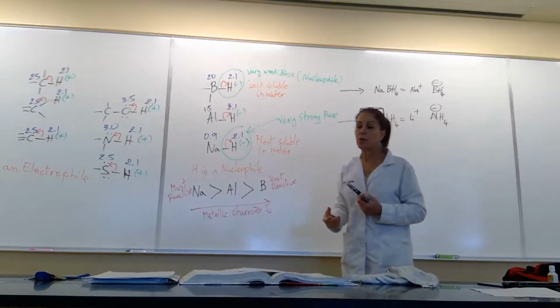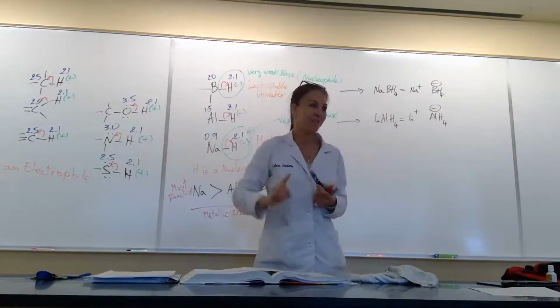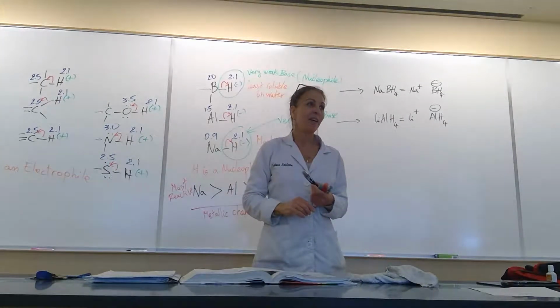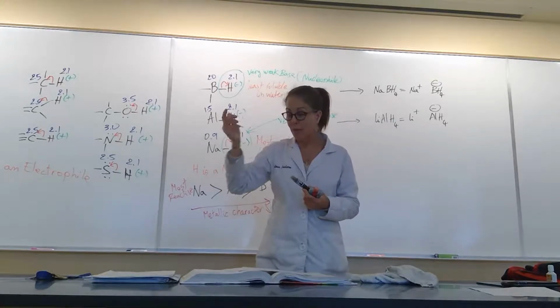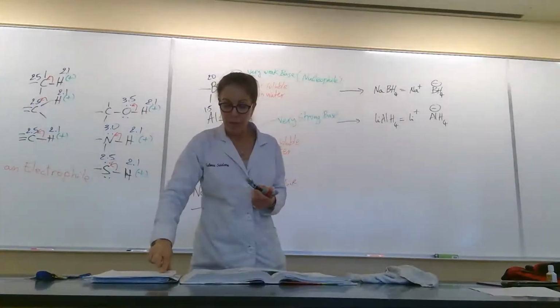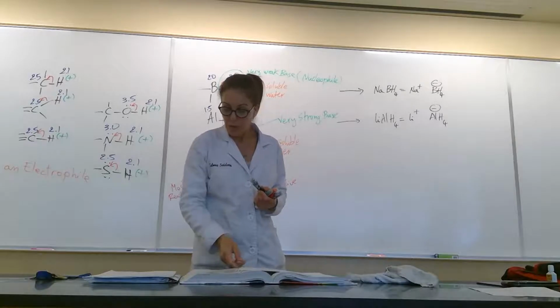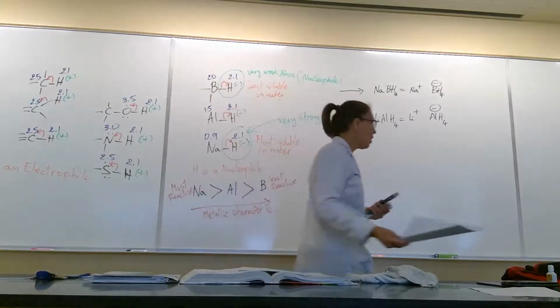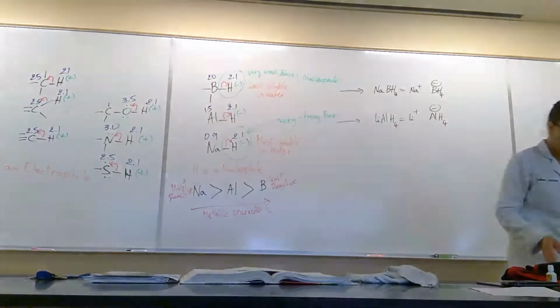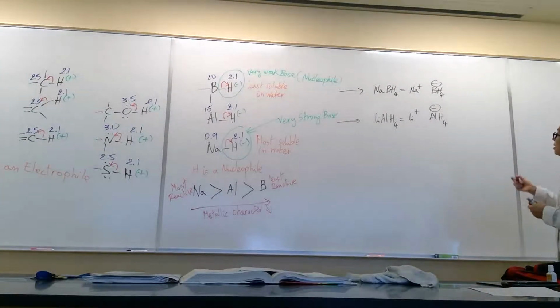So what do we do if we wanted to react only once? What we do is we have variations of it. I'm going to show it to you, and one of them has a very long name. So there are variations of the lithium aluminum hydride.